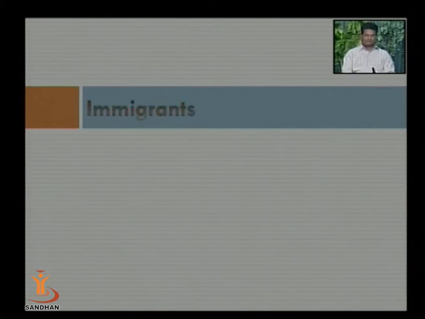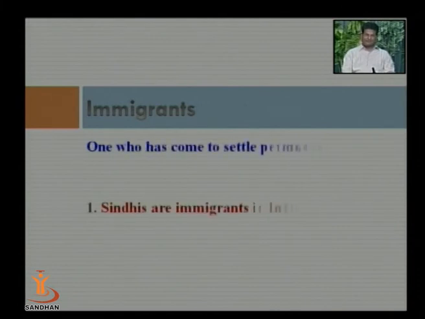Here it is emigrant, and the pair of it is immigrant. The meaning is similar but opposite. One who has come to settle permanently in a foreign country. Permanently. And come, not gone. One who has come to our country from another country. This is the difference. When the person goes from our country to another country, that is emigrant.